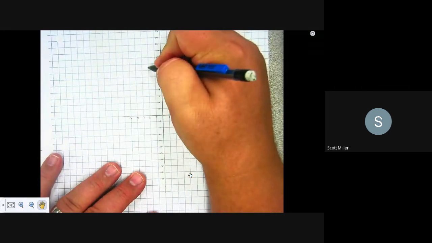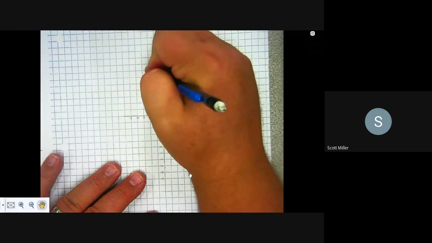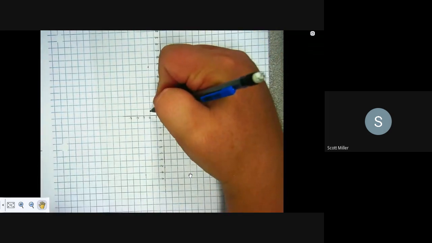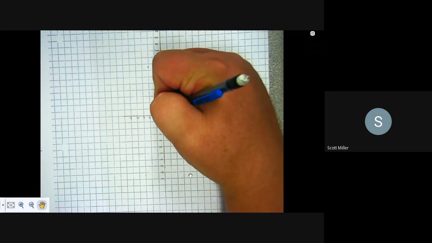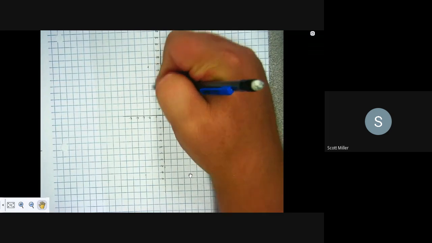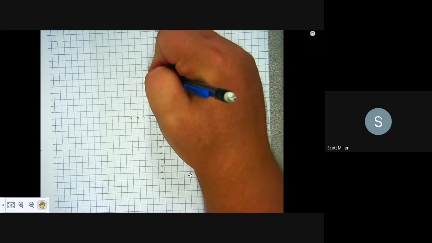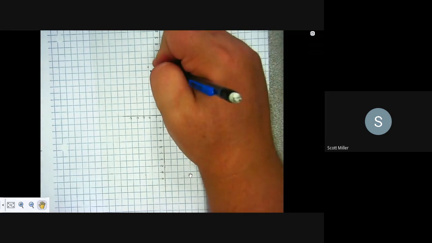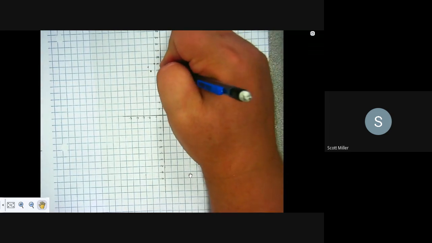So -2, 15. And just get as close as you can get to it. And then we had our relative minimum at -1.6 and 13.8, which is about right there. -1 was 16. 0 was 15.